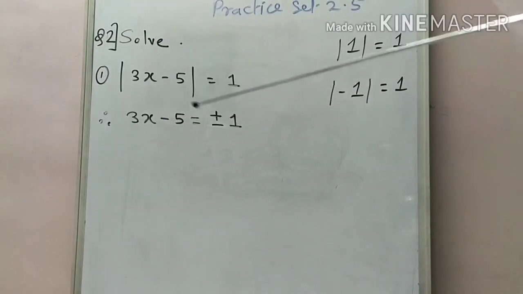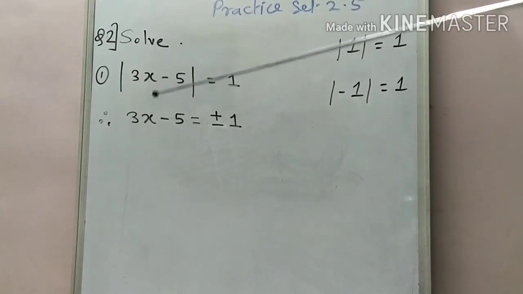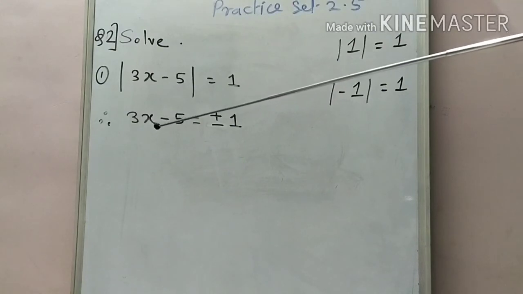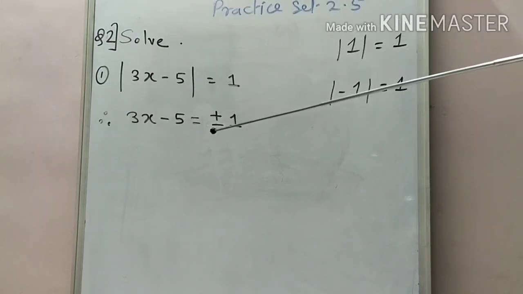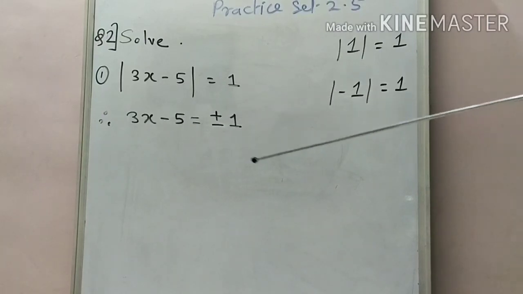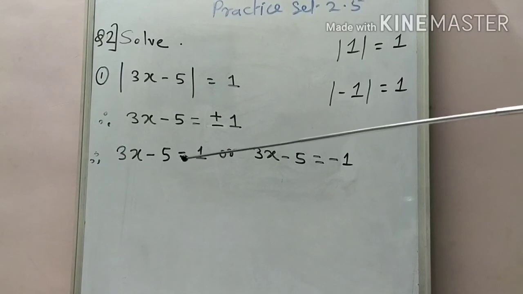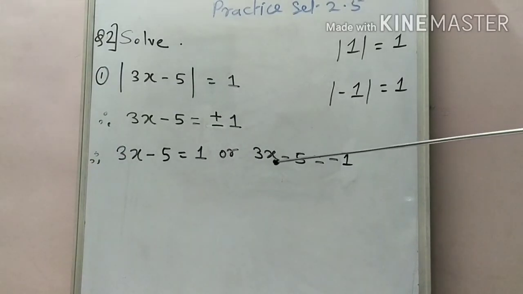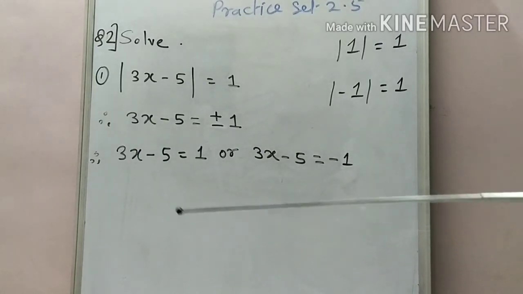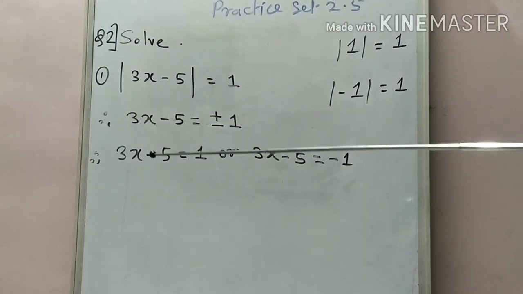Okay, so as you open this modulus symbol or write the expression outside the modulus sign, that value may be plus or minus. Okay, so the first step is like this, and now we separate both cases. Okay, so pay attention, 3x minus 5 equal to 1, or maybe 3x minus 5 equal to what? Minus 1.